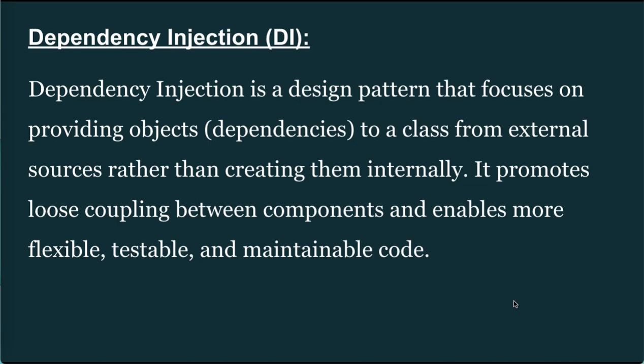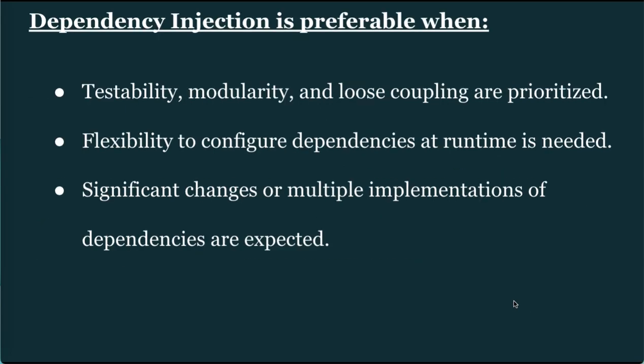And now moving on, dependency injection, DI. Dependency injection is a design pattern that focuses on providing an object's dependencies to a class from an external source rather than creating them internally. It promotes loose coupling between components and enables more flexible, testable, and maintainable code.